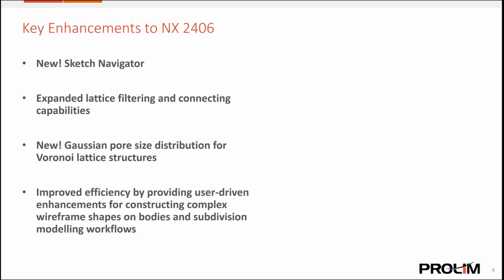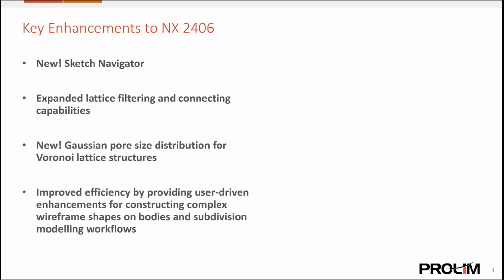All right, so the key enhancements to 2406 was that we got a new Sketch Navigator, and that is frankly the biggest update that we've had, at least with the 2024 versions of NX. Then we have a little bit more enhancement in terms of the expanded lattice filtering and connecting capabilities.